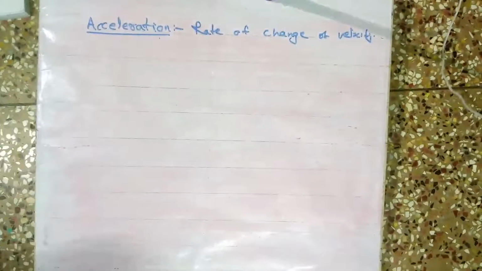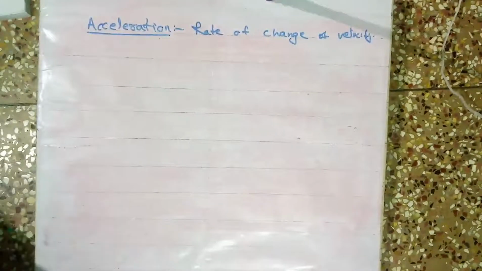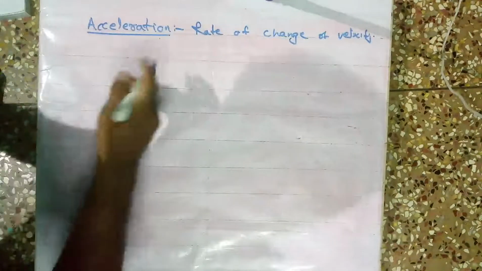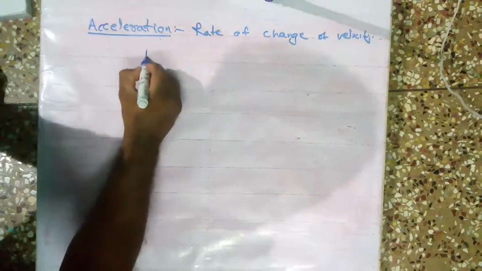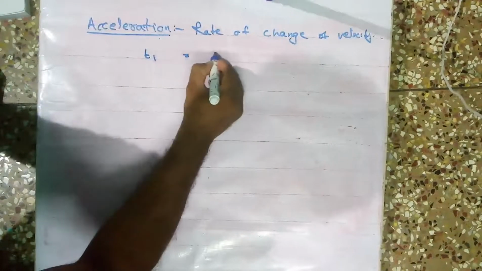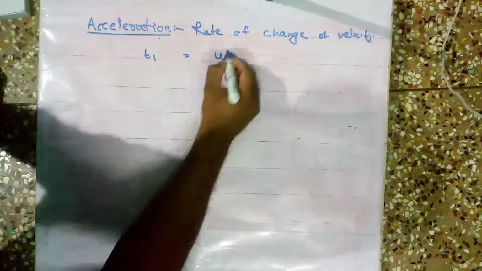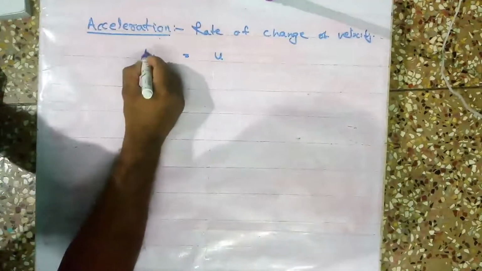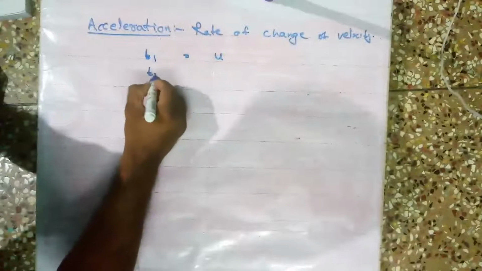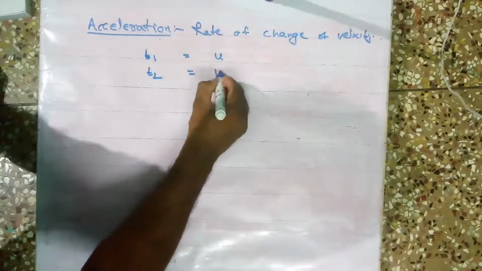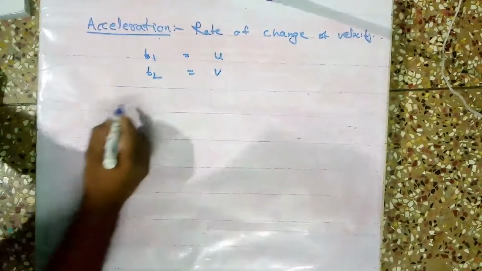What does that mean? Suppose at time t1, your velocity was u. Clear? At a certain time, your velocity was u. At time t2, your velocity approached v.